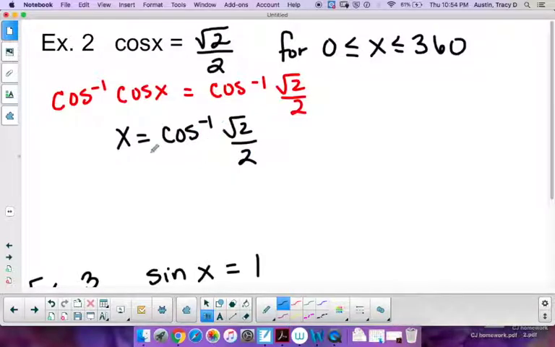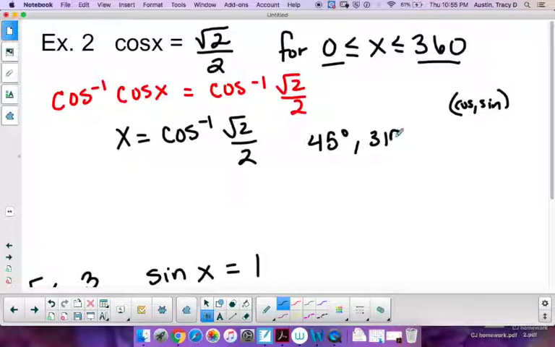Where on the unit circle does the cosine equal root 2 over 2? And we're looking specifically for the degree measures. Remember that the cosine is your x value, of your coordinates. Remember, it's cosine and then sine. So where on the unit circle does cosine equal square root of 2 over 2? Well, it equals it at 45 degrees and 315 degrees.